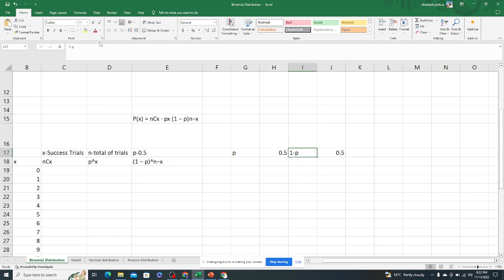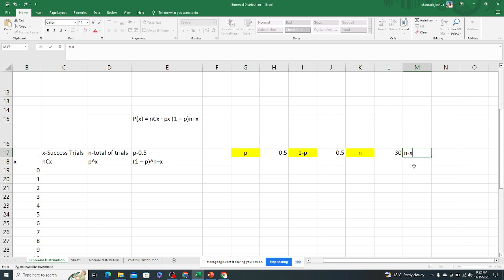This is the probability of not success, and this is the probability of success. We have our n, which is 30, because we are having 30 trials. So we have n, we have 1 minus p, and we have the value of p. And then we also have n minus x.